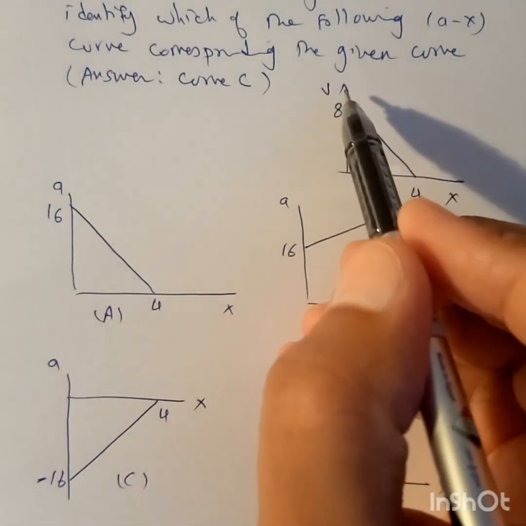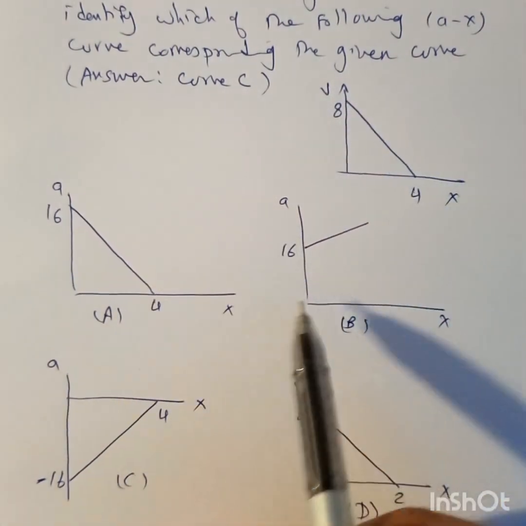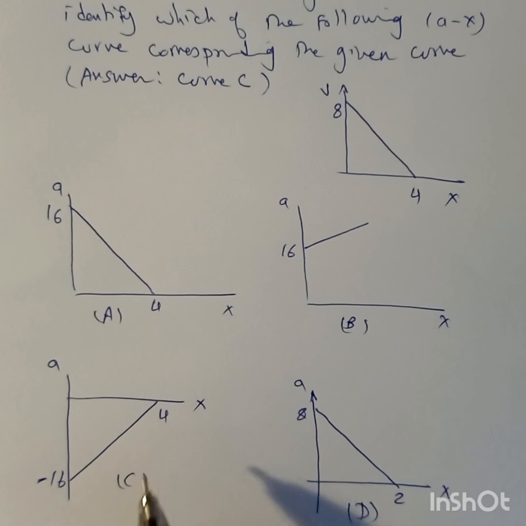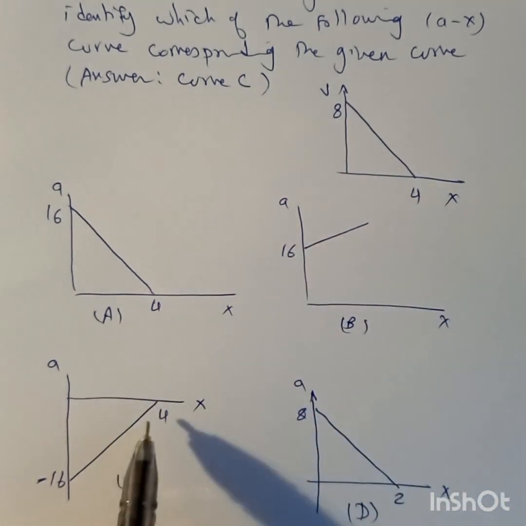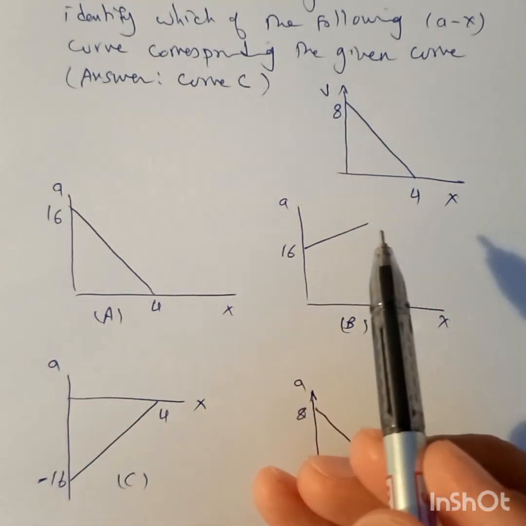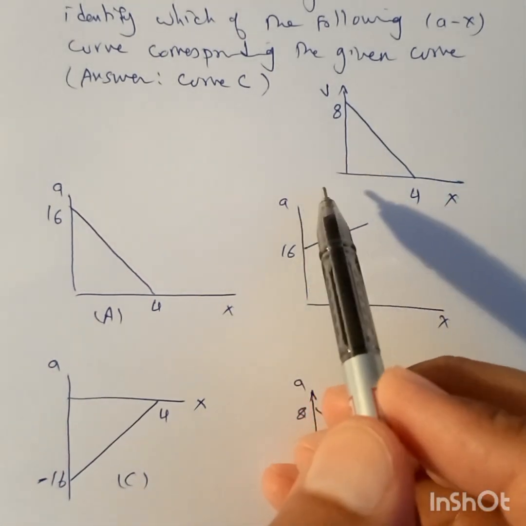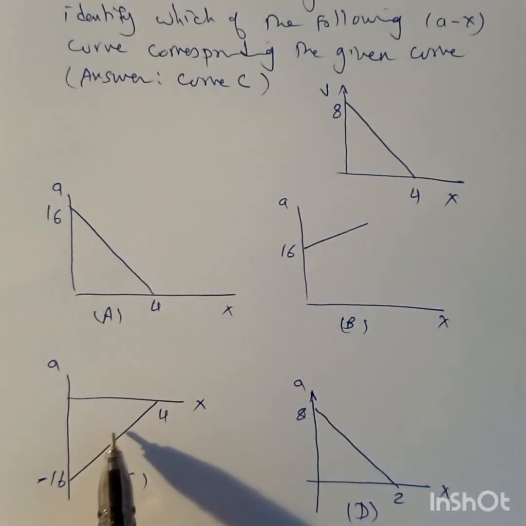Okay, we have this given vx curve. Which one of these four given curves corresponds to this given one? The answer is this curve, but you have to find out how we convert this curve to the corresponding one.